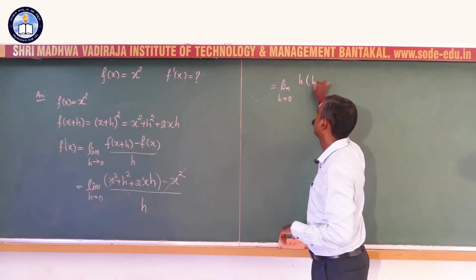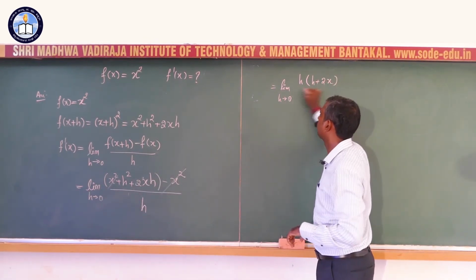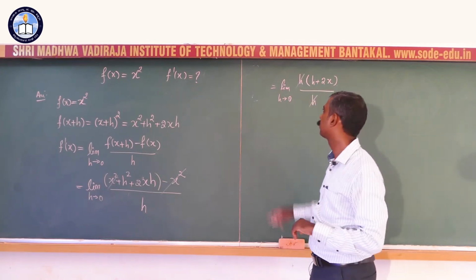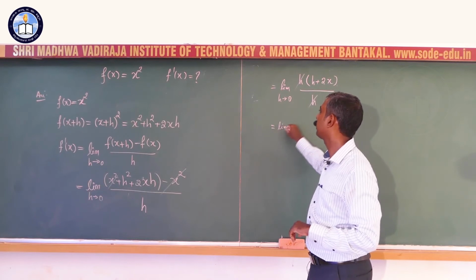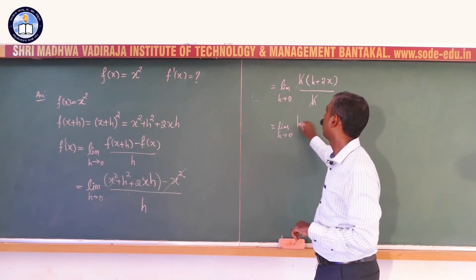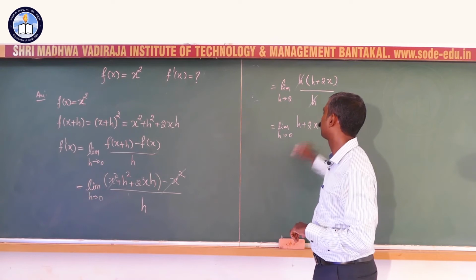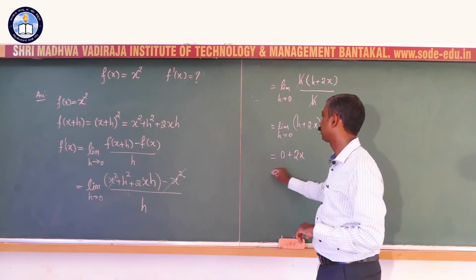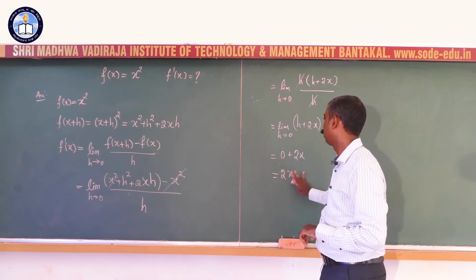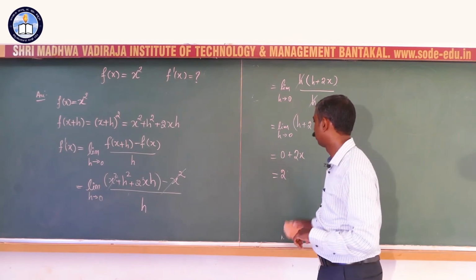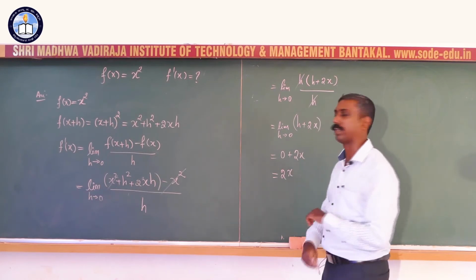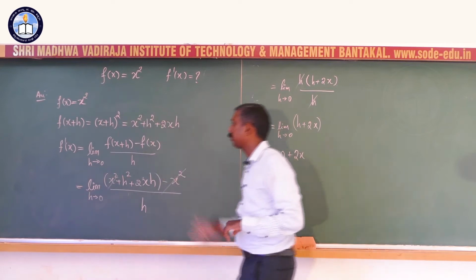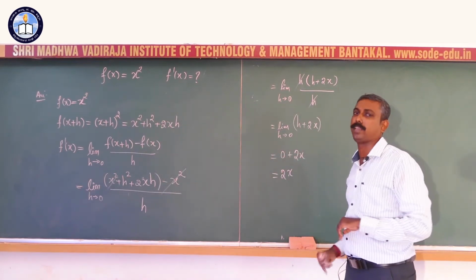So, what remains inside? h plus 2x divided by h, and h gets cancelled. So, this is the same as limit h tending to 0 of h plus 2x. This is nothing but 0 plus 2x, which is equal to 2x. So, what is the derivative of x square? The derivative of x square is 2x.